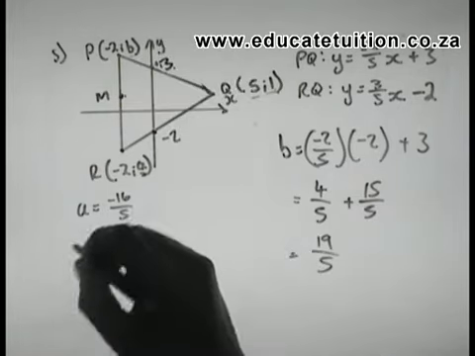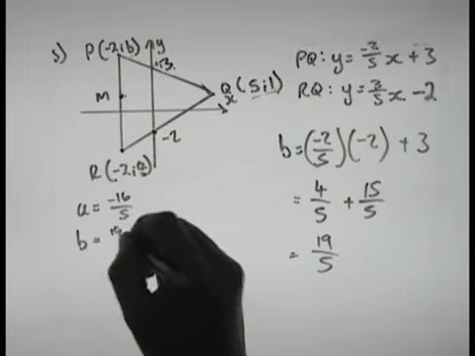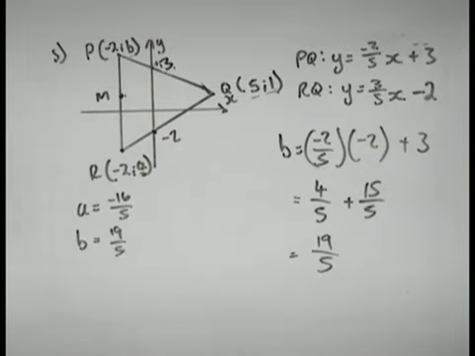I don't need to simplify that. If you want to, you can. So A is equal to negative 16 over 5 and B is equal to positive 19 over 5.